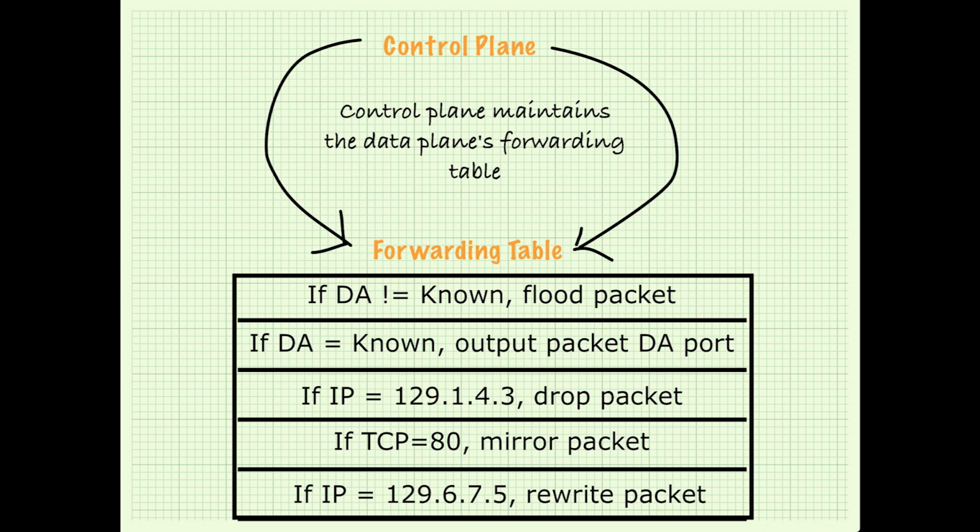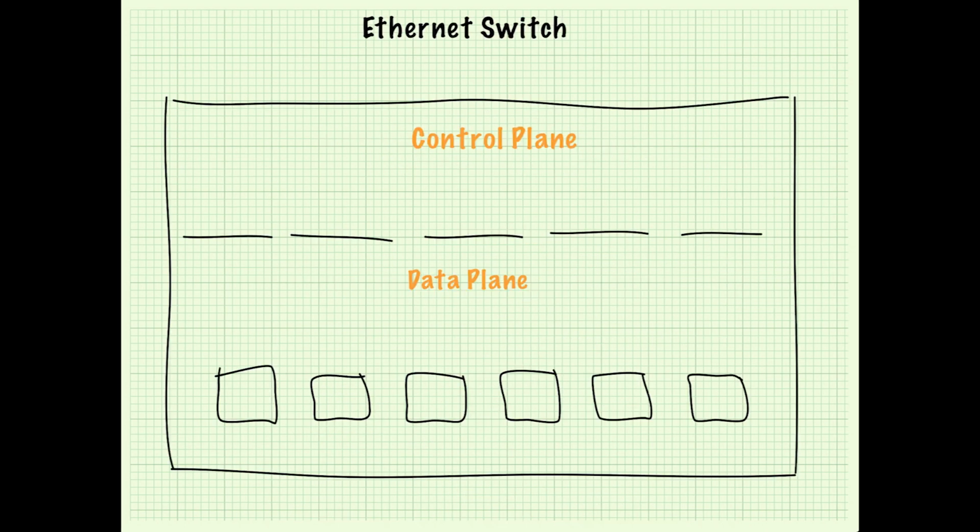In an OpenFlow switch, this forwarding table is known as the flow table. In the OpenFlow paradigm, the high-speed forwarding table in the data plane section of an Ethernet switch is called the flow table. So let's go back to our switch again.